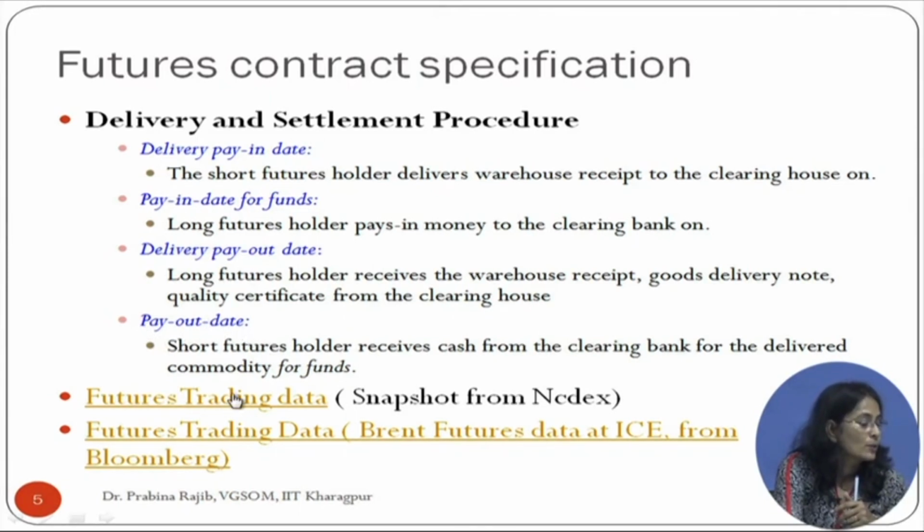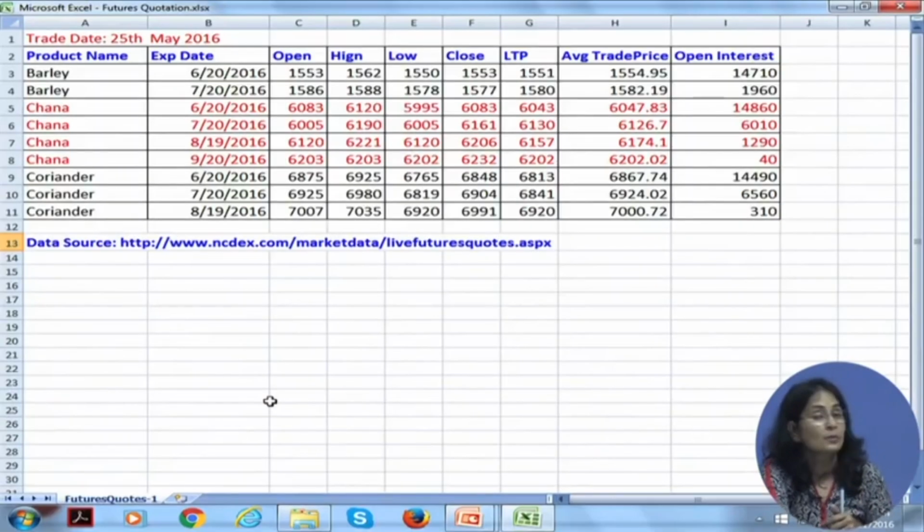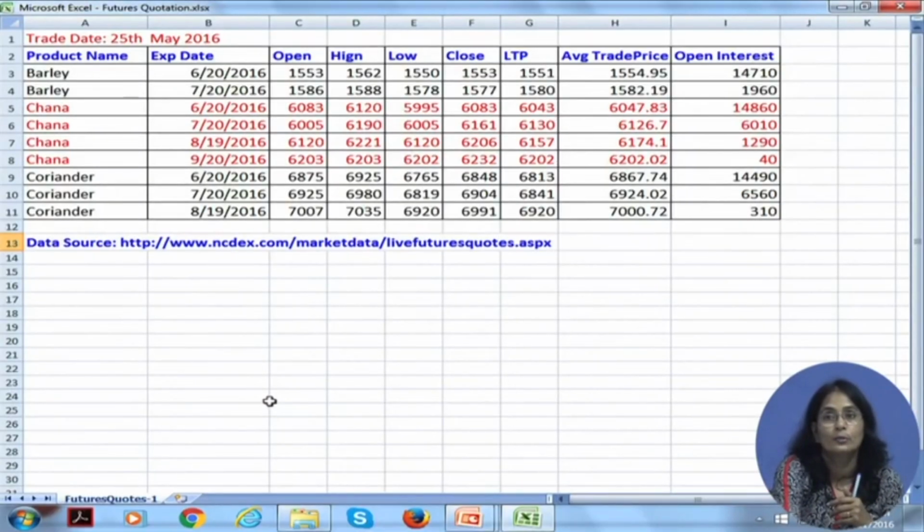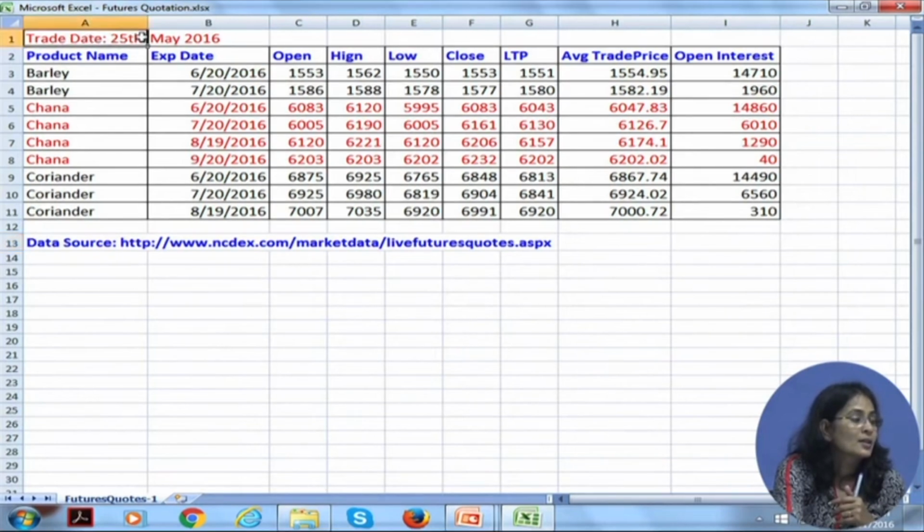So, this is now just as a snapshot, I would like to show you something. This is again something I have downloaded from the NCDEX website. Trade date is 25th May 2016. What are the commodities? This is barley, 2 contracts for barley, 4 contracts for chana, and 3 contracts for coriander.